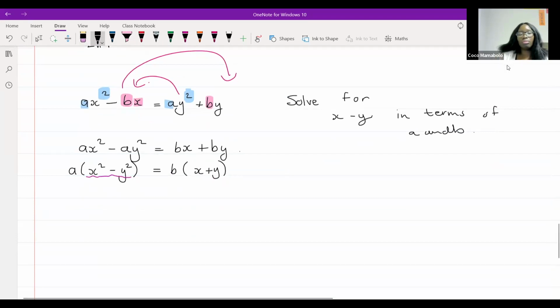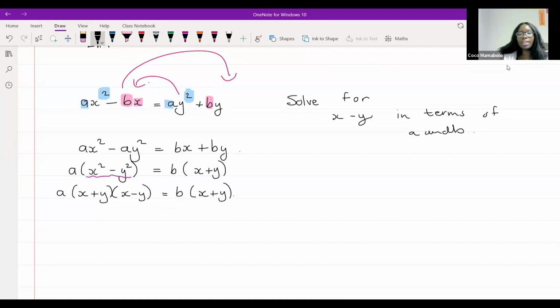It is a factorization. What factorization are we using? Yes, that's it, Sejo, that's it, Morangi. It's the difference of squares, right? So I'm going to have a(x plus y)(x minus y) is equal to b(x plus y), right?